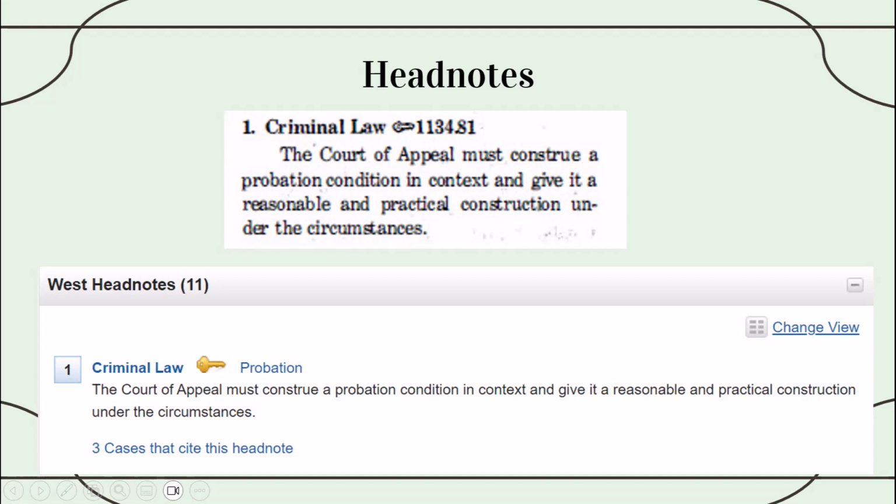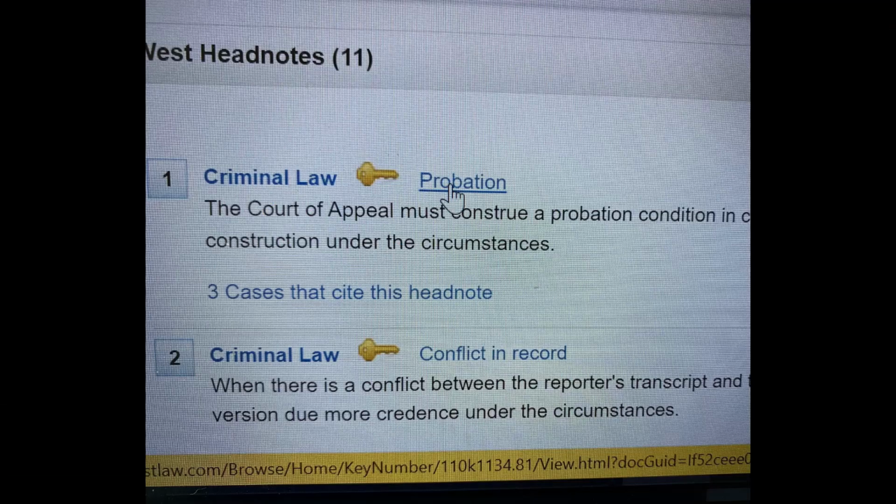Let me show you how to find out what the key number is. I apologize for the quality of this picture, but I'll explain why in a moment. An easy way to get your key number is to hover your cursor over the definition here, probation, and then look down at the bottom of the screen in the yellow part, or on my computer it's a yellow part, and you can just make out the key number.